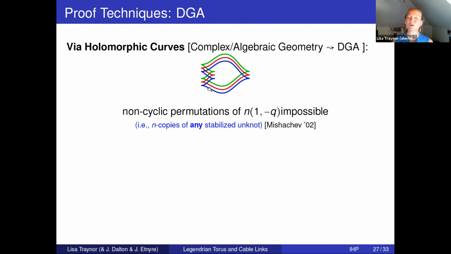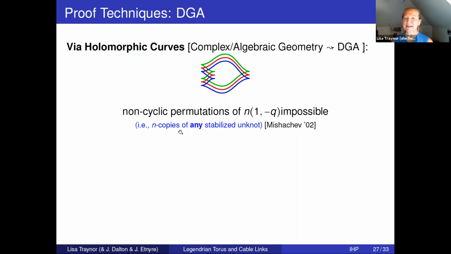So you move on to the holomorphic curve techniques, the DGA. With this technique, you can show that you can't do the non-cyclic permutation when p equals 1, so if you're doing n copies of an unknot. Again, not the top of the mountain, but these other ones.